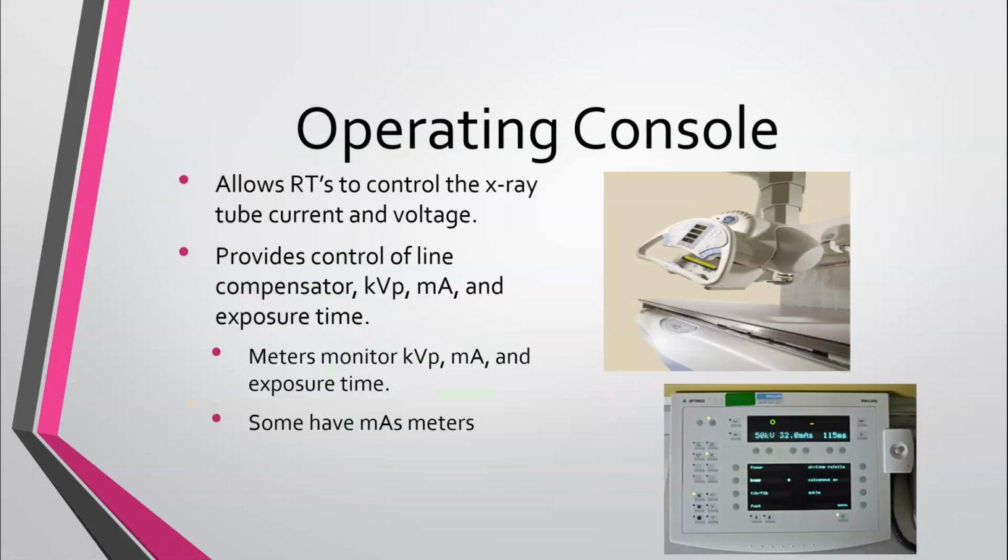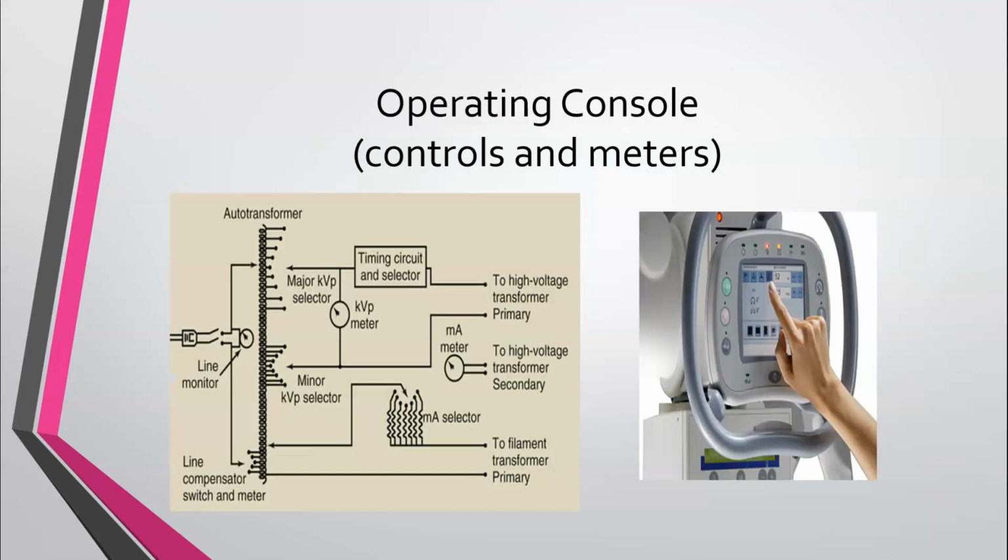All right, so the operating console allows the RT to control the X-ray tube current and voltage, provides a line compensator, KVP, MA, and exposure time. So there's meters that monitor the KVP, MA, and time, and some have mass meters. It just depends. So if we look here, we went through this, so we have our line compensator with our auto transformer coming all the way down.